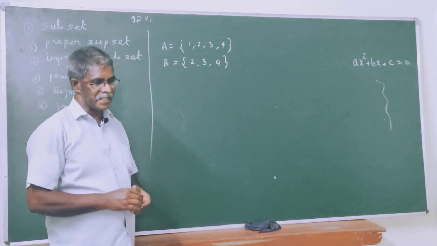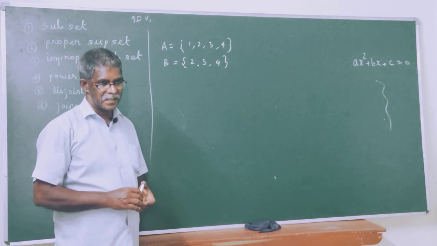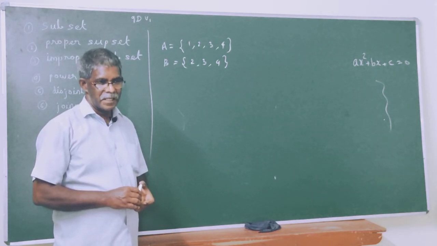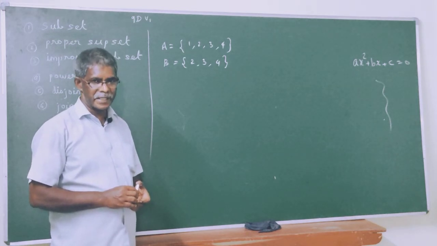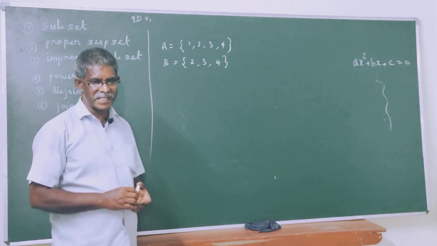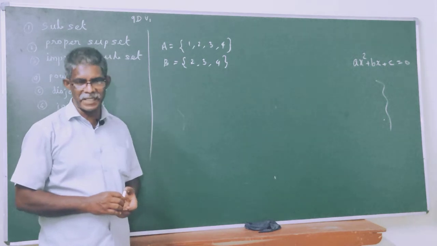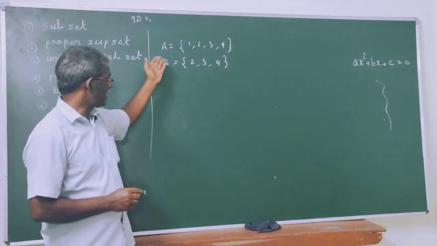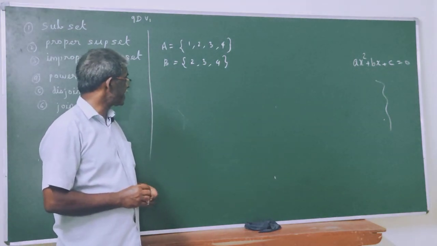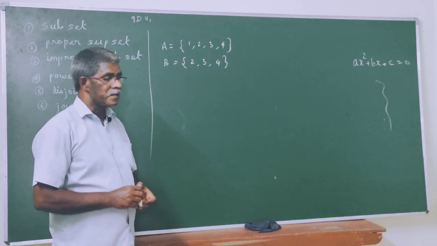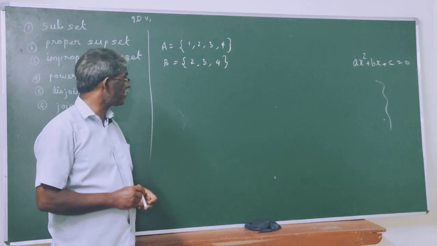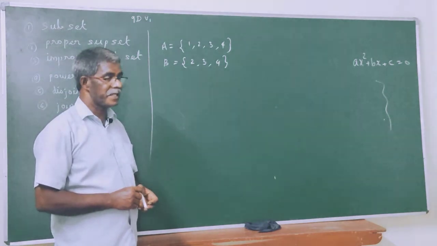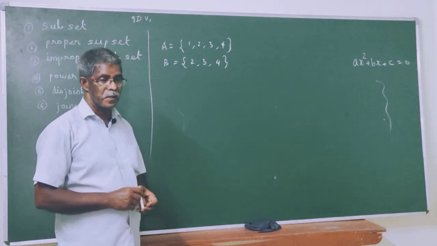So subset means if you are taking two sets, and all the elements of one set are contained in another set, then the first set is called a subset of the other set. For example, A is {1, 2, 3, 4} and B is {2, 3, 4}.